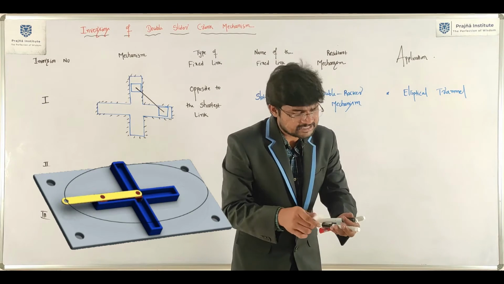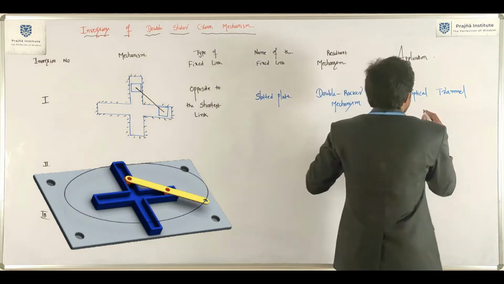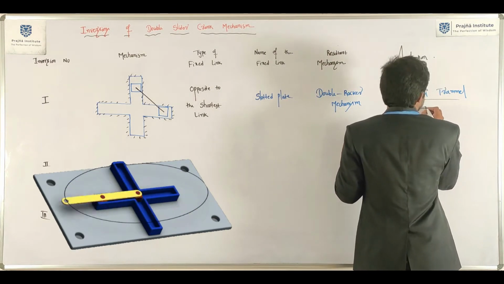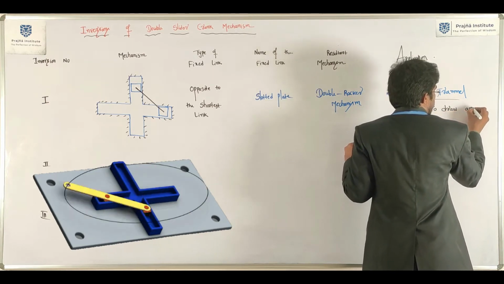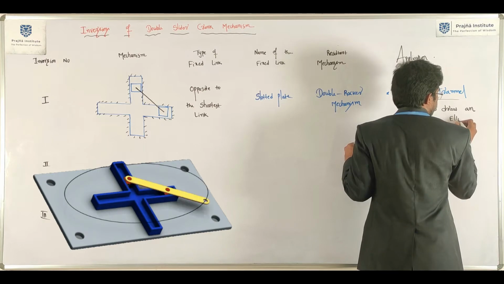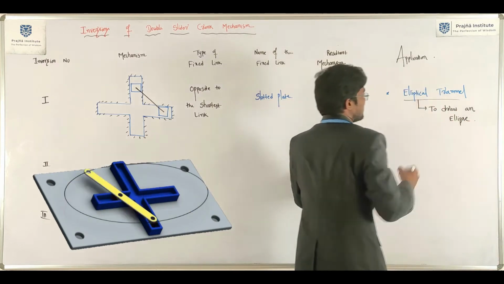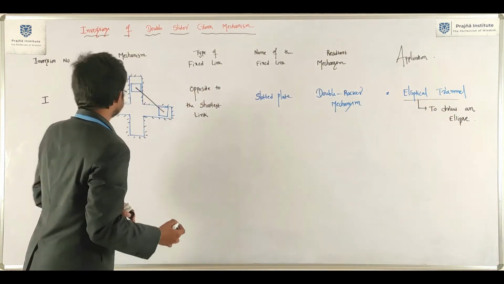What is the purpose of the elliptical trammel? It is used to draw an ellipse. It is a drawing instrument.